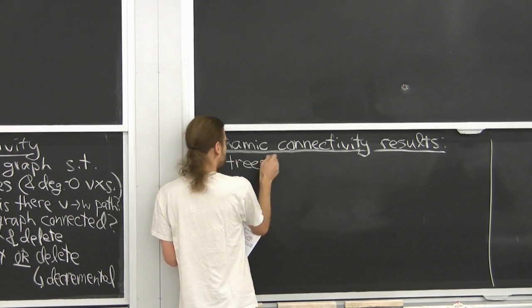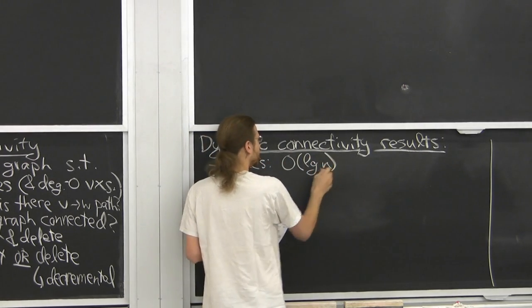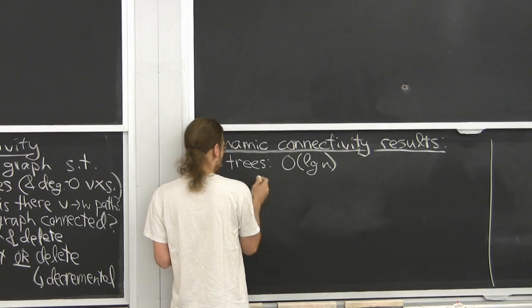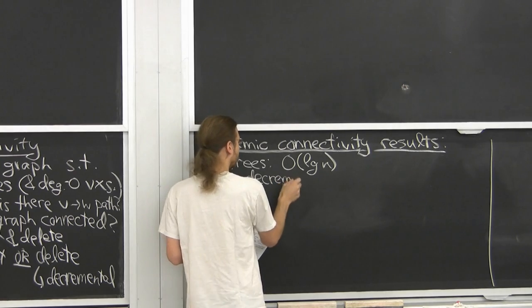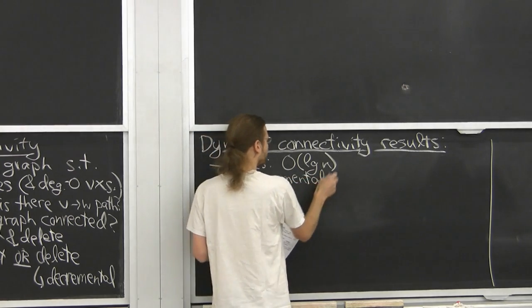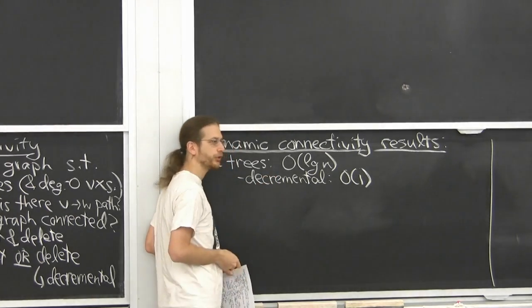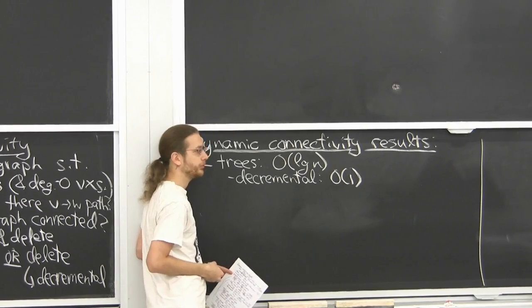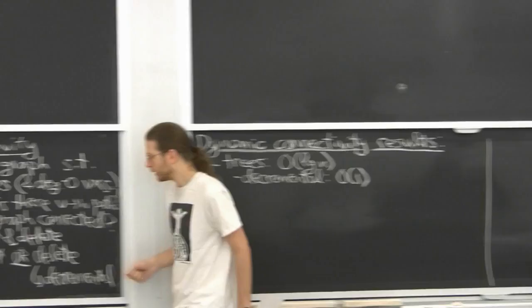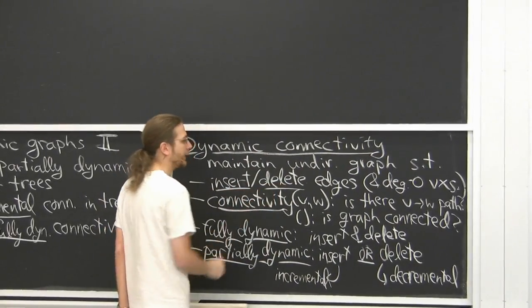Well, for trees, this is the best we know. I mean, this is the best possible, really. You can do log n in general, and then decremental, you can do constant. We actually already know how to do trees with link cut trees. It's not totally obvious, but you can use links to simulate edge insertions, and you can use cuts to simulate edge deletions.